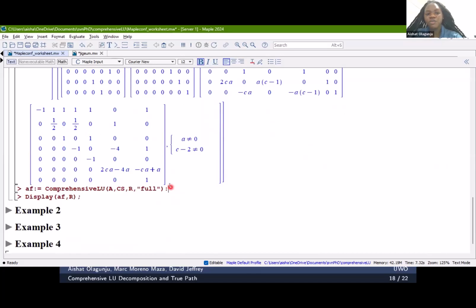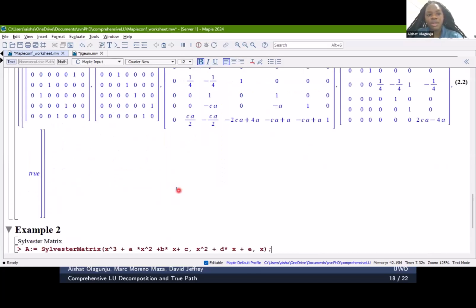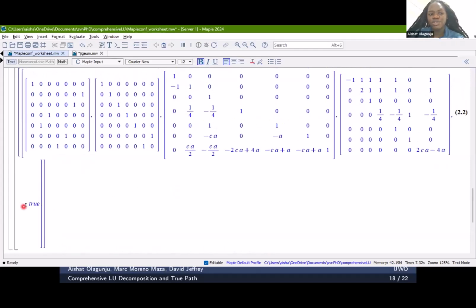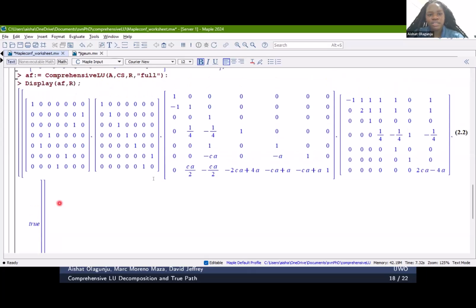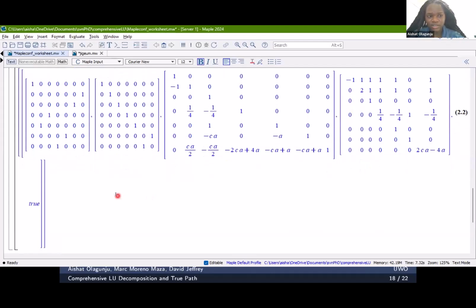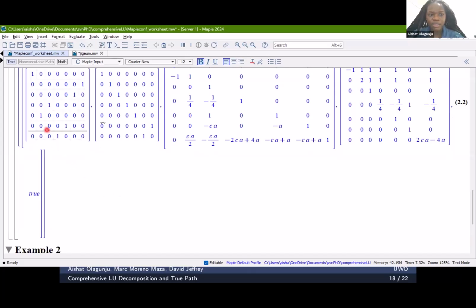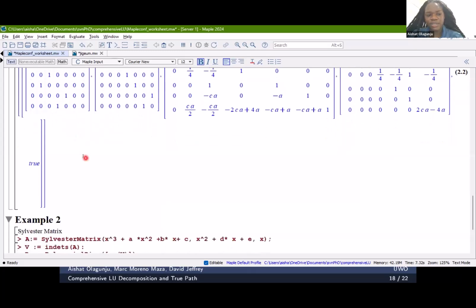But if we give it the full option, that is, we want it with full pivoting, we end up with one case, which says true. This is where we count the phrase true path, because there is actually a path that the LU decomposition can take such that we will not have splits when we consider our pivots, the case discussion. And it comes with the P and Q, so you know where swaps have taken place.